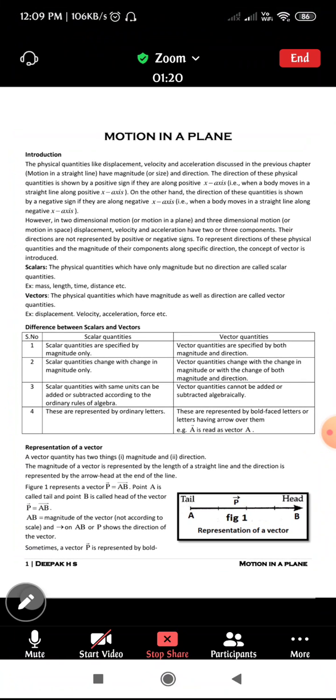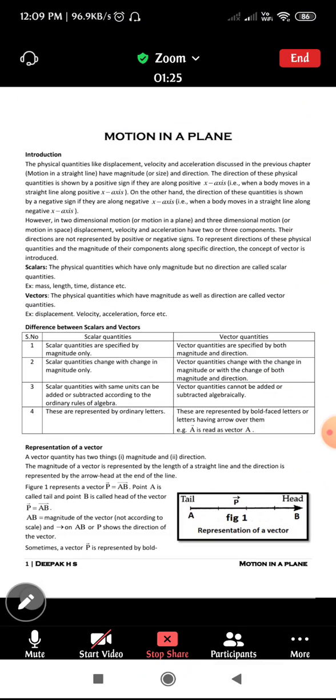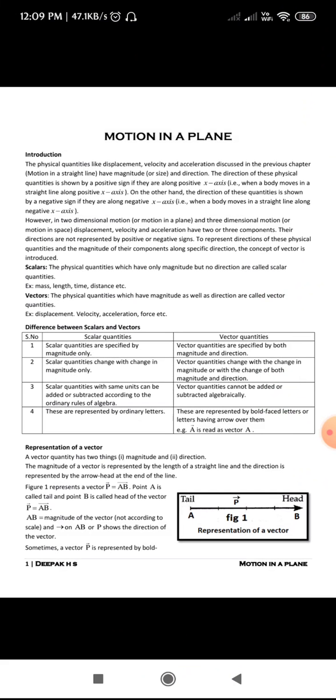The physical quantities like displacement, velocity, and acceleration discussed in the previous chapter, that is, motion in a straight line, have magnitude or size and direction. The direction of these physical quantities is shown by a positive sign if they are along the positive x-axis, that is, when a body moves in a straight line along the positive x-axis.